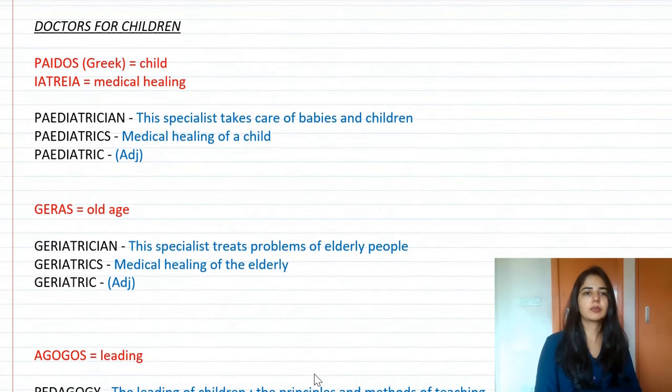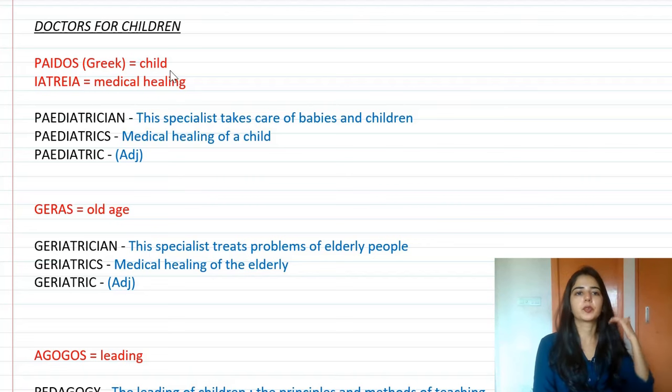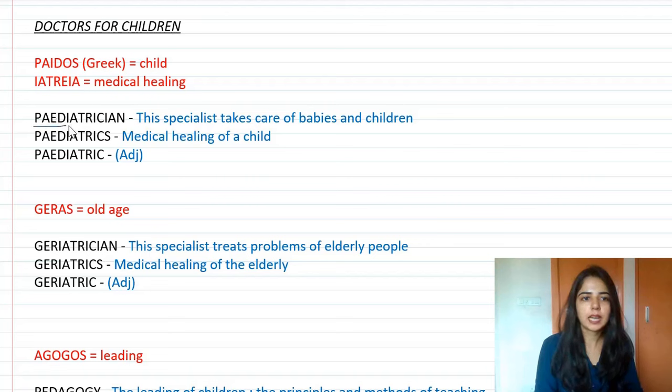Now after women we come to doctors for children. Paidos is a Greek word which means child. And iatria is medical healing, curing or healing. If we combine these two root words in English, we get pediatrician. So earlier we also read about ician.